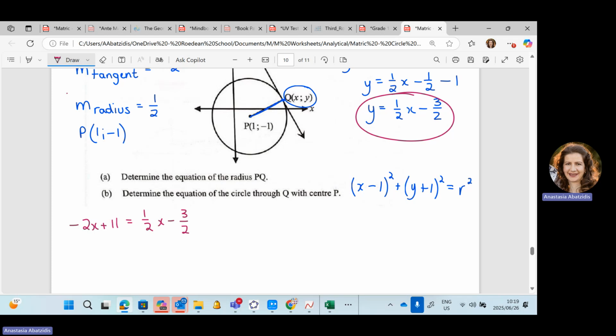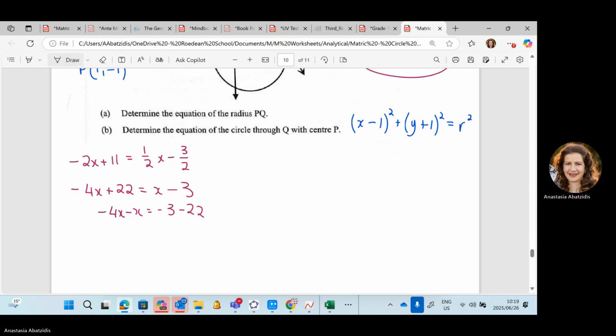Okay, so how do I solve this? Before that, I don't like these denominators. Multiply everything by 2 to get rid of the denominators. So we get negative 4x plus 22 equals x minus 3. X's on the left, everything else on the right.